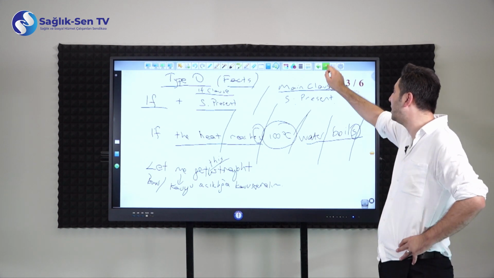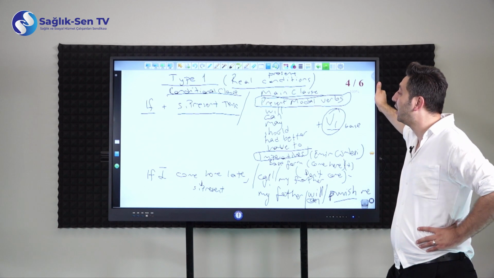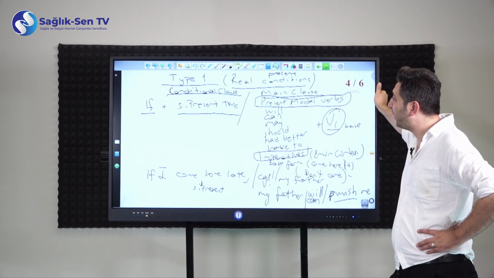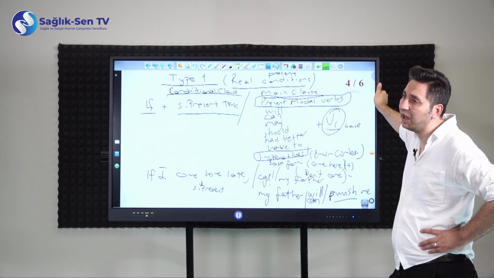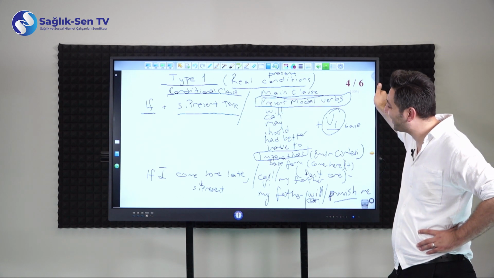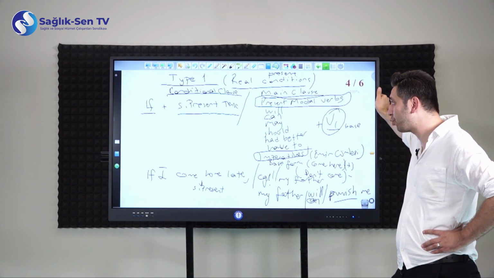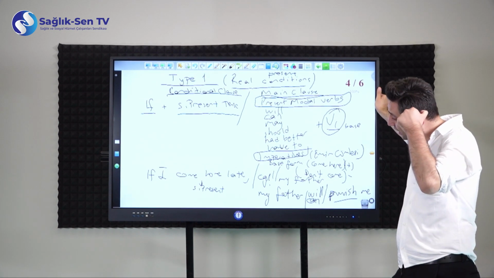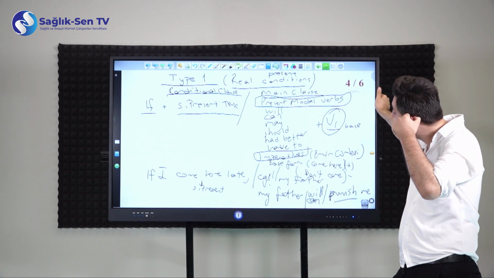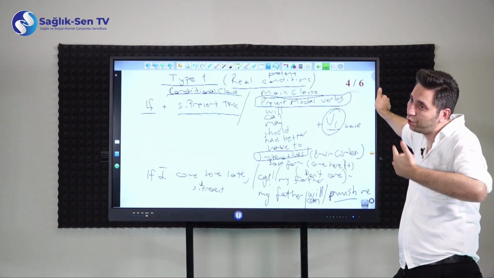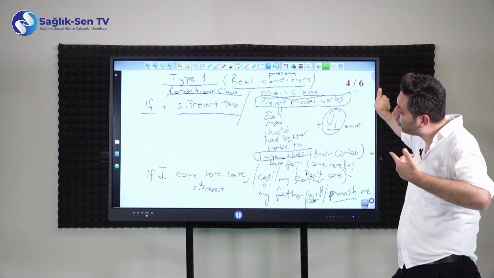Şunu açıklayalım da. Type 1 dedik. Bu sefer real present. Gerçekleşebilecek şeyler. If'ten sonra simple present tense kullanmam gerekiyor yine. Ama bu sefer main clause'umda ya bir emir cümlesi kullanıyorum ya da present modulları kullanabiliyorum. Yani ben şöyle bir şey göremem.